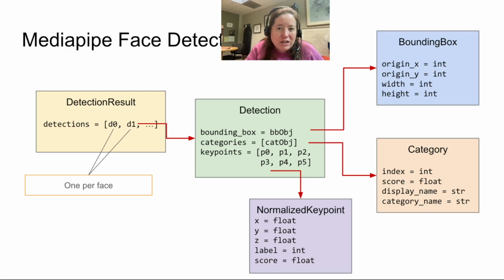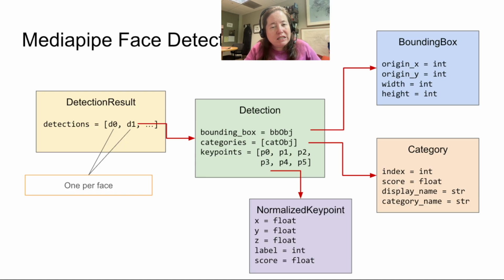Categories is an interesting one. Because we're detecting faces here, there's only one category. It's a face. It has found a face, and that is a face. So you will usually see exactly the same category name and display name, and the index is usually the same. The one value here that is maybe interesting to us is the score. The score, in some sense, represents its confidence.